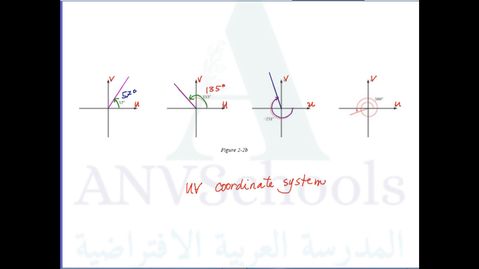A clockwise direction implies that the angle is negative. So in this case, this is negative 251 degrees. It's not yet 270 degrees, but it's reaching it.